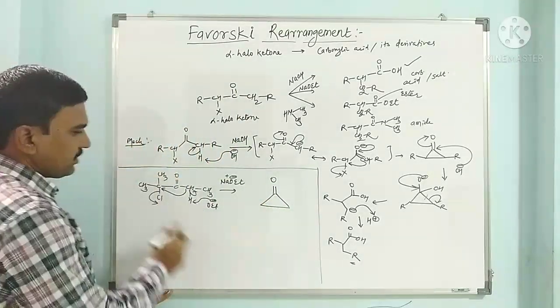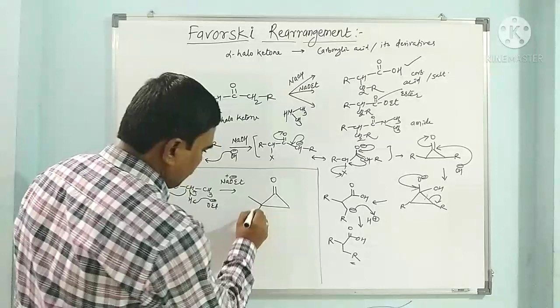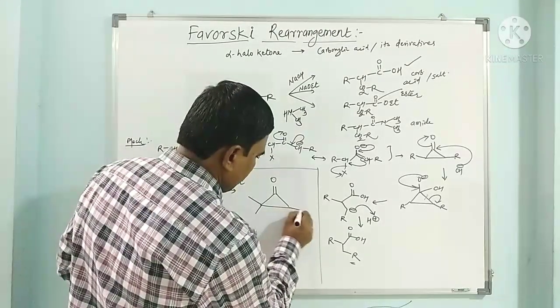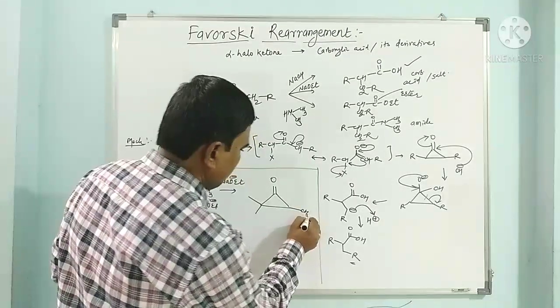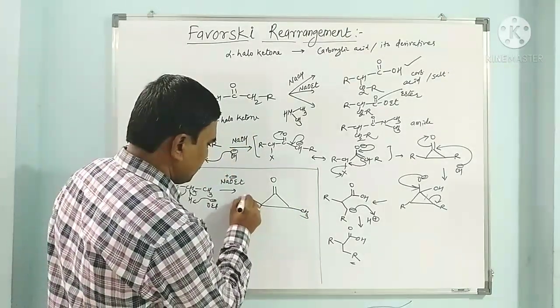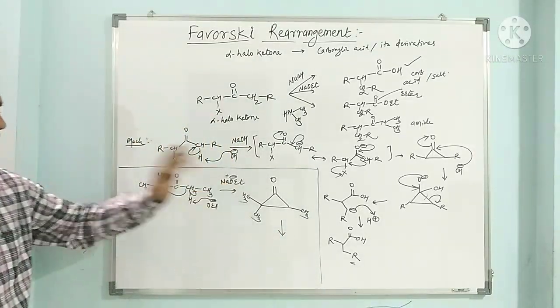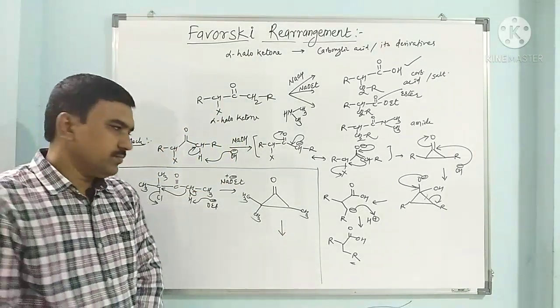And this is having two methyl groups. Two methyl groups are here, and one methyl group is here. So this is CH3. These are the two CH3. Now in the next step, again sodium ethoxide base is there.